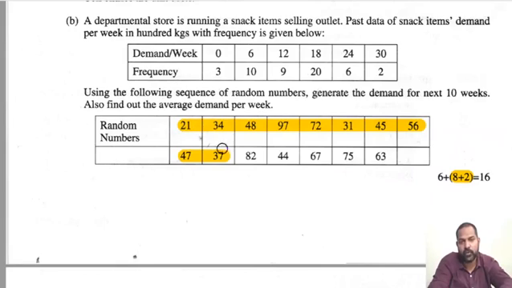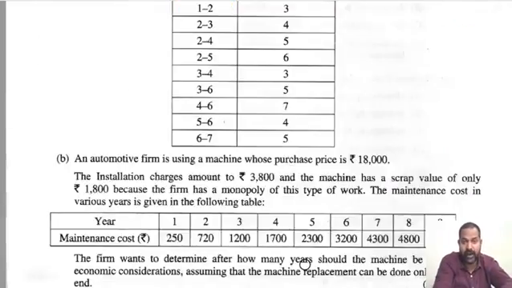Correct? Don't use the rest because they've only said for the next 10 weeks. So don't use all the random numbers. So 10 marks in the December 18 paper. One question, 10 marks.